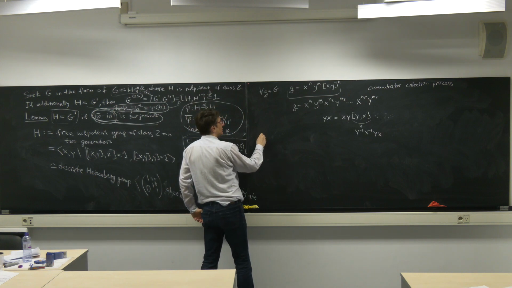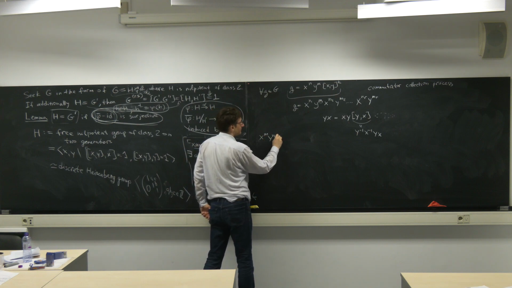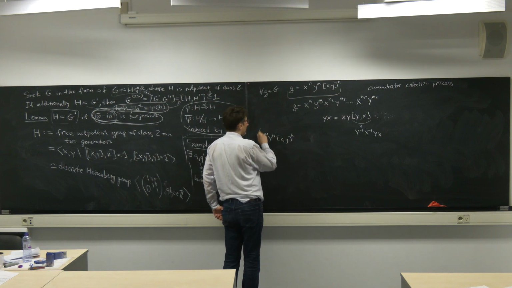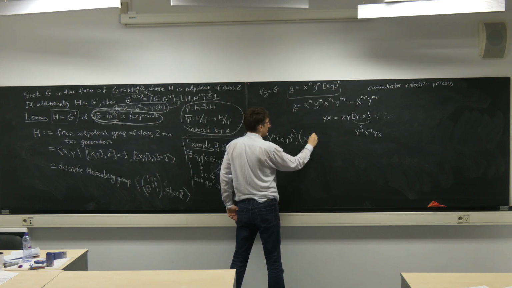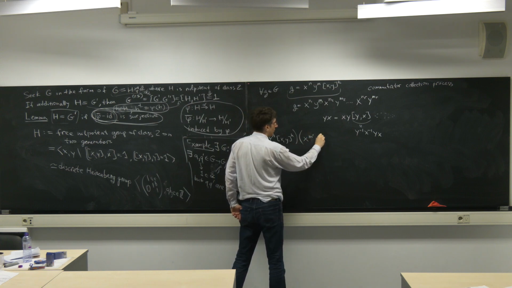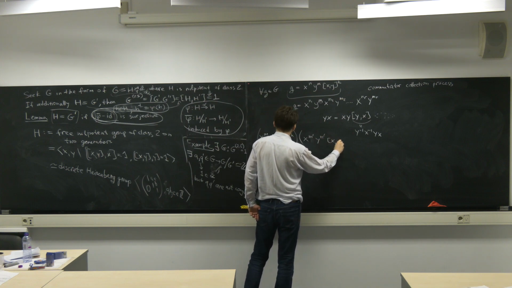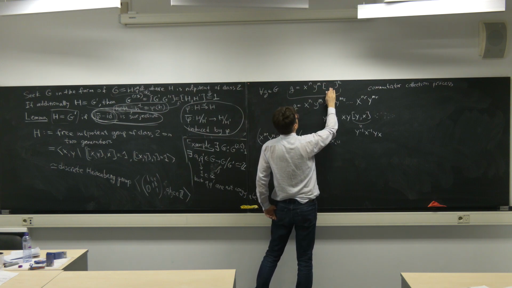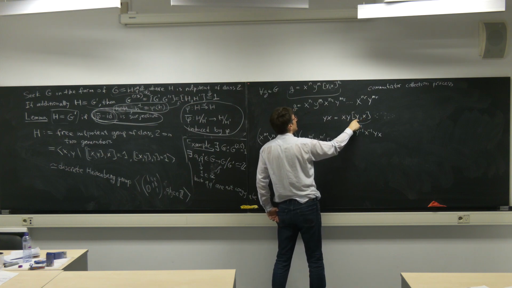Okay, so what is the multiplication law? If we have this element x to the m, y to the n, the commutator to the k, and we multiply it by another one, x to the power m prime, y to the power n prime, and the commutator to the power k prime. Sorry, I think here I want yx, because here I had yx.